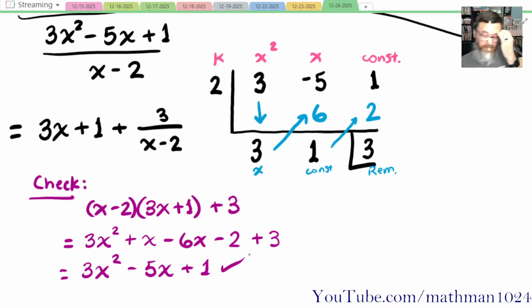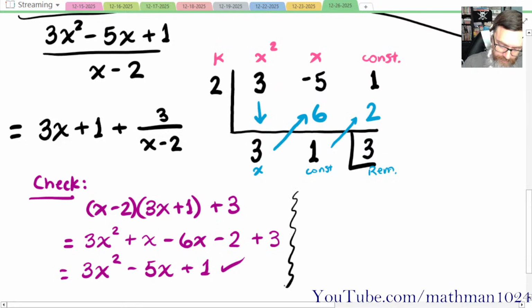Now, I do want to show you something, and this kind of connects with some other stuff we're going to be seeing a little bit later today, but it's how we can use the synthetic division to rewrite the dividend. So if I just have 3x squared minus 5x plus 1, this guy on its own, he doesn't factor.